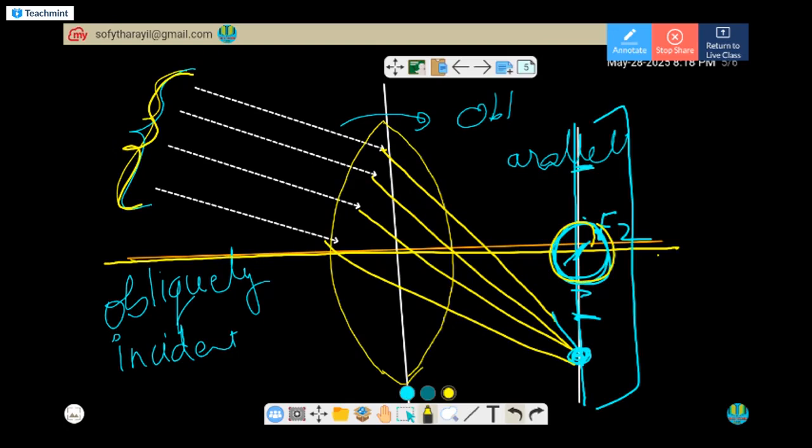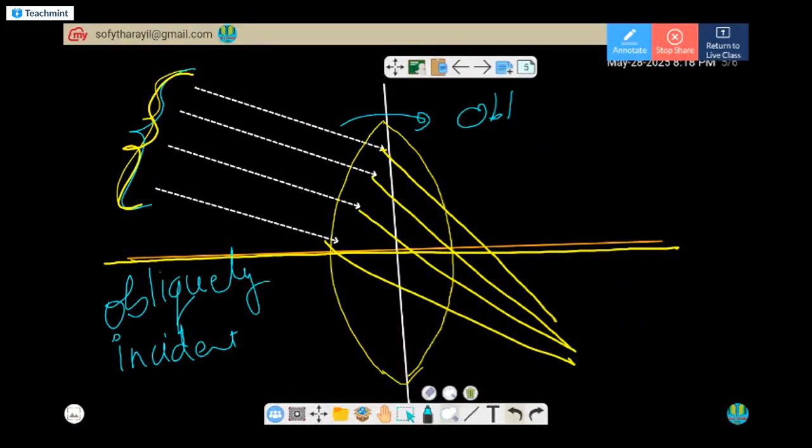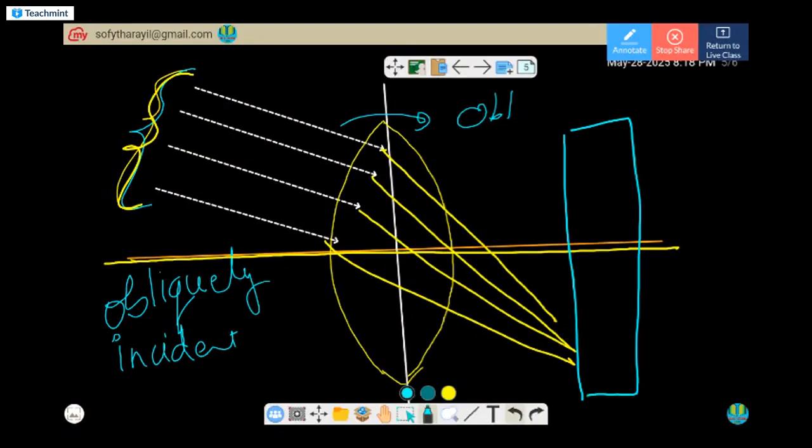So if any of the rays are parallel to each other but not to the principal axis, after getting refracted, they will definitely meet somewhere on the plane of the second focal point. Not exactly on the focal point, but anywhere over here, maybe up or maybe down, but somewhere on the straight line.